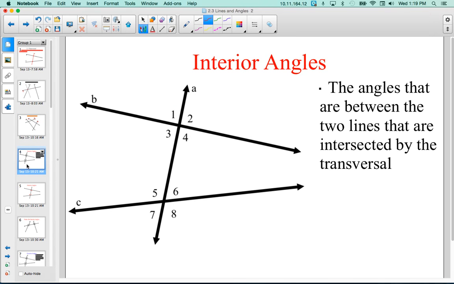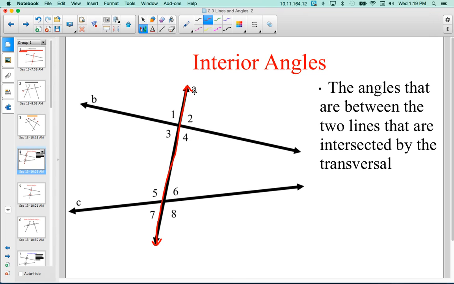When we have transversals, we're able to get more angle pairs and ways to describe the angles made from that transversal. We have a transversal here: line A is our transversal.